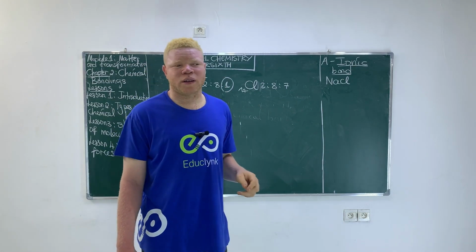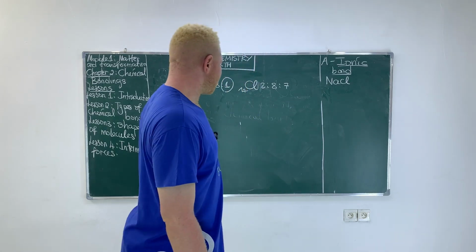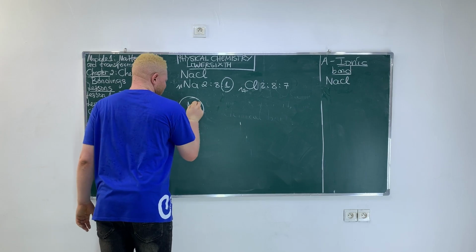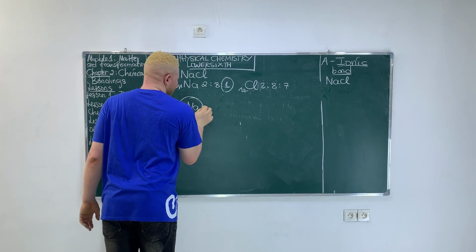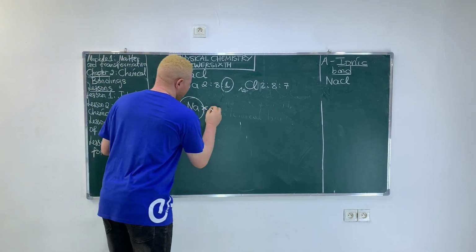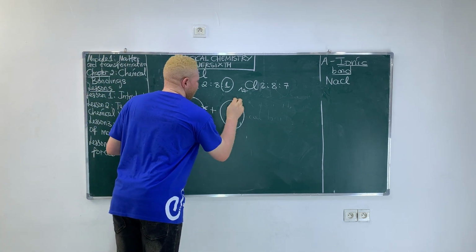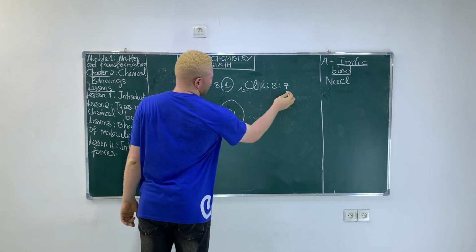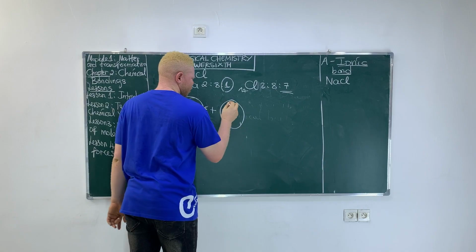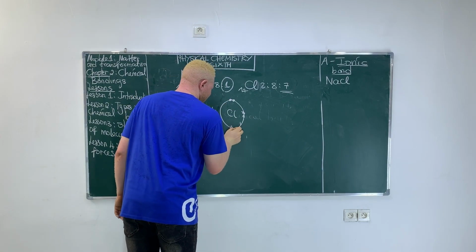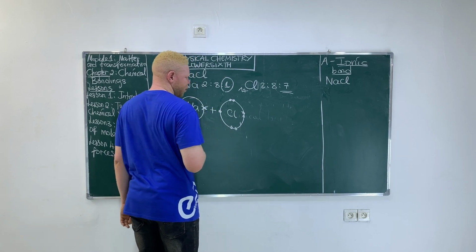So let's do the bonding. We have sodium, which has 1 electron in the outermost shell, plus chlorine, which has 7 electrons in the outermost shell: 1, 2, 3, 4, 5, 6, 7.